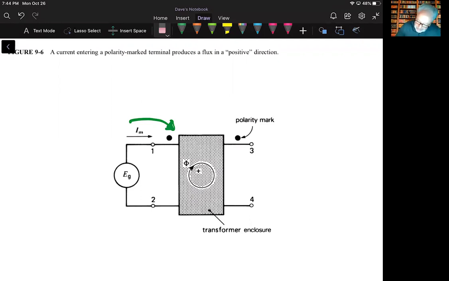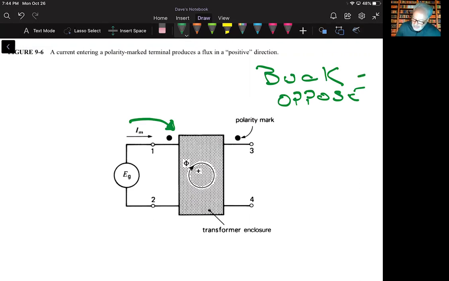Now, that is another one of these old electrical terms. Buck means to oppose. And you'll see later on in some of your other courses, a buck boost, depending on the application, when you talk about amplifiers and that sort of stuff.